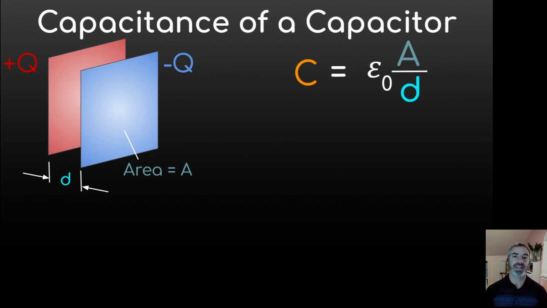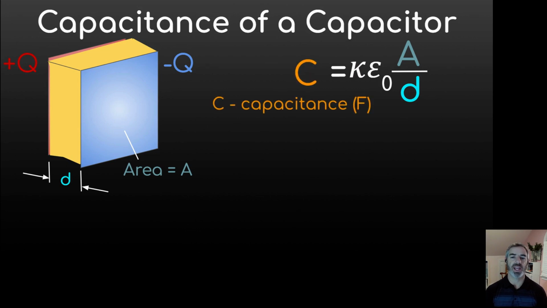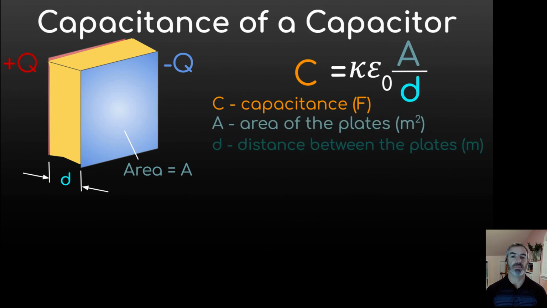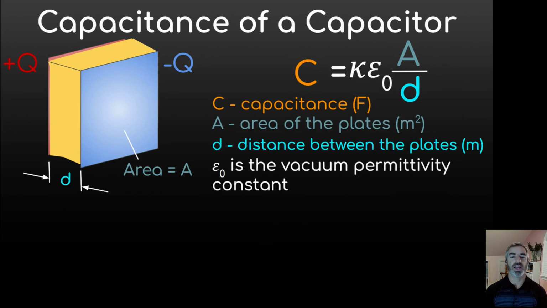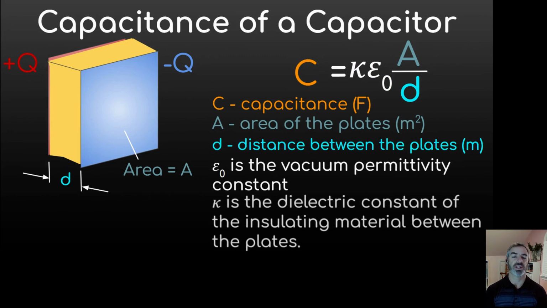So we can drop a dielectric in between the parallel plates, and this would impact the value of the capacitance with the constant of the insulating material between them. C is the capacitance in farads, A is the area of the plates in meters squared, and d is the distance between the plates in meters. The epsilon naught is the vacuum permittivity constant, and kappa is the dielectric constant of the insulating material between the plates.